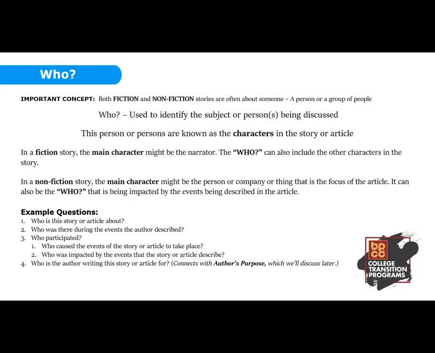The person or persons within a story are characters. In a fiction story, the main character may be the narrator. It may not be. In nonfiction, the main character might be the person or the company or the thing or whatever it is that is the focus of the article or the text. It can also be who is being impacted by the events being described in the story or in the article.